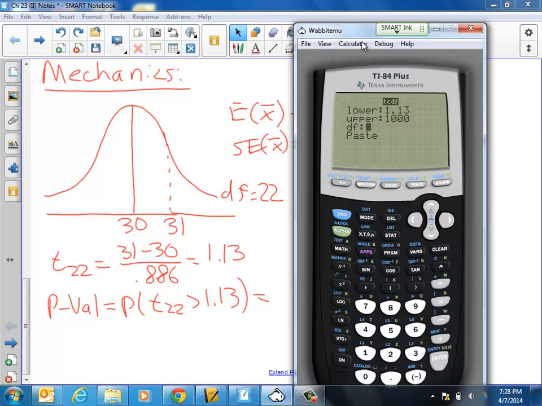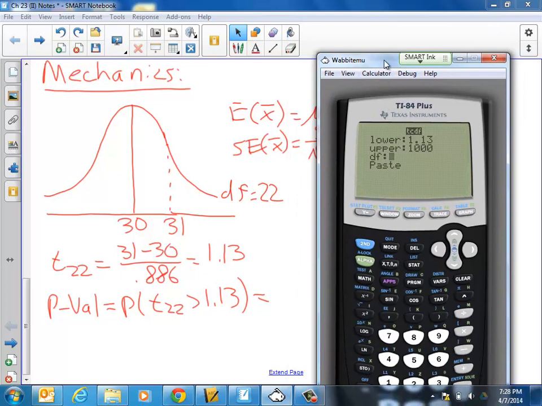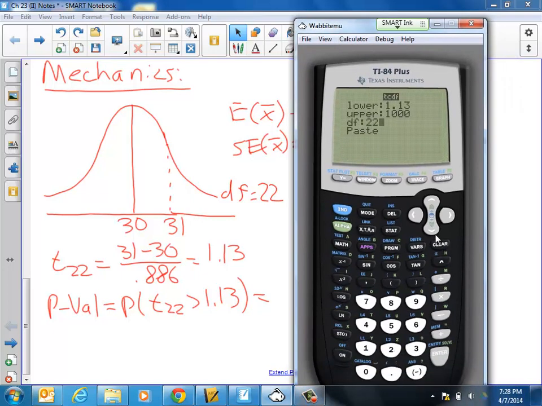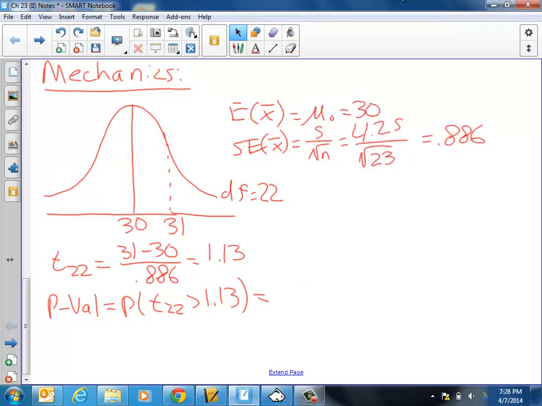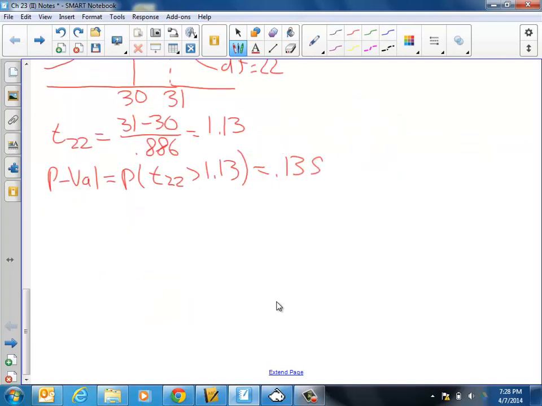Degrees of freedom is essential for tcdf, that's 22. And then we'll paste that. Enter, and that is 0.135. Okay, so we got a p-value of 0.135.